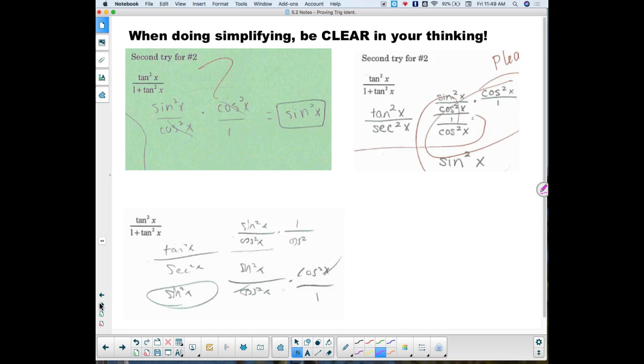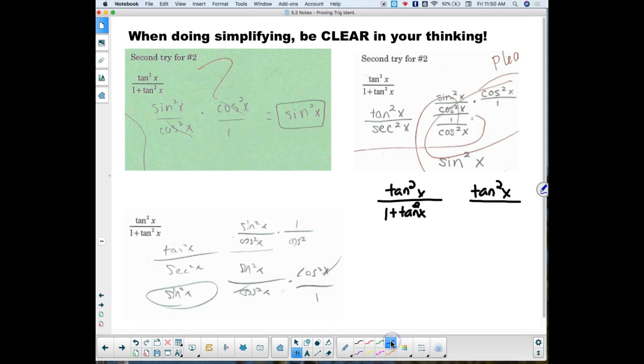Okay? In this particular problem, where it was tangent squared of x over 1 plus tangent squared of x, the first thing I would do is change 1 plus tangent squared of x to secant squared of x. Which this person did, and this person did.